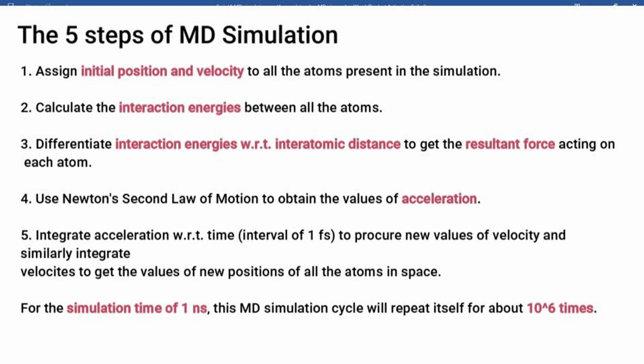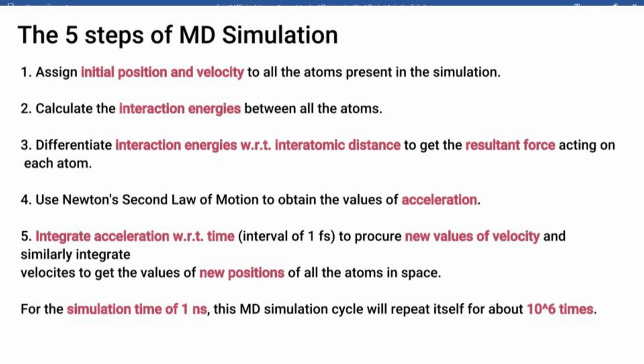We will perform numerical integration of this acceleration to know the final velocity and final position of all the atoms present within the system. Predicting the final values of velocity and position from the initial velocity and position of all the atoms over a finite period of time of 1 femtosecond is called the MD simulation cycle.